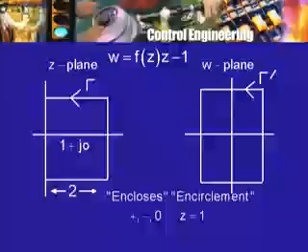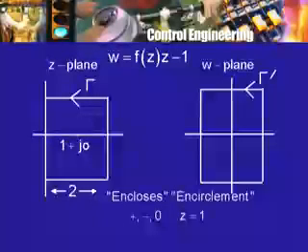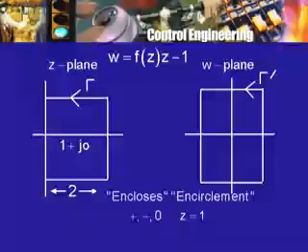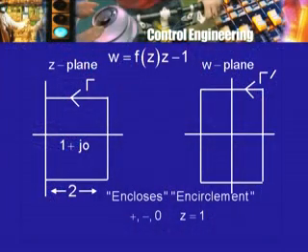In the z plane, gamma encircles 1 plus j0 once. Actually, what is important is not how many times gamma encircles the point 1 plus j0, but that 1 plus j0 is inside the closed curve gamma.